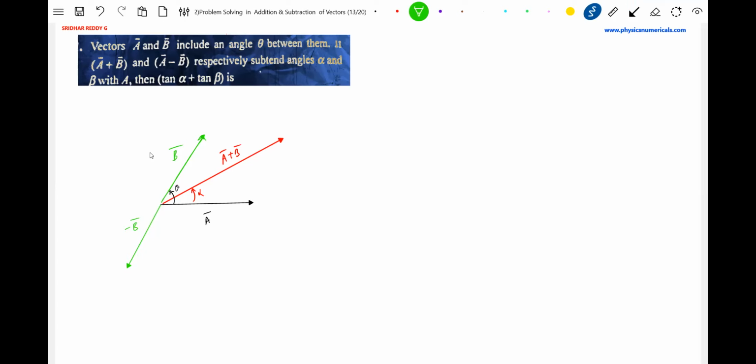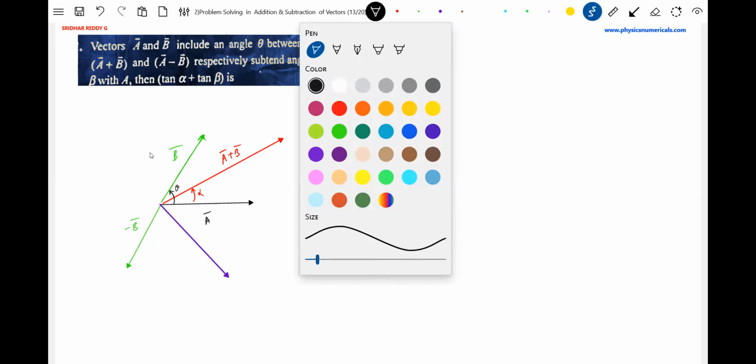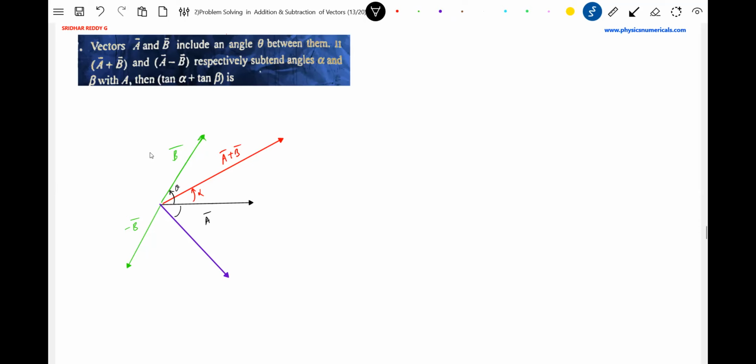Then A bar minus B bar will subtend an angle beta. Where is the beta I have to show? It is here. Hope you are able to draw this much of the diagram.